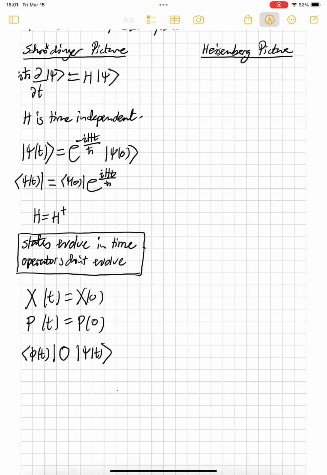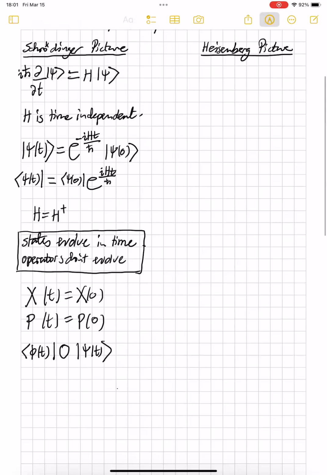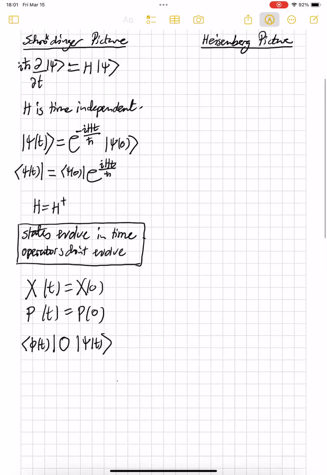So all of the physical things that you might want to calculate in quantum mechanics all take the form of this matrix element that I've shown you over here. So if you have two different ways of doing a calculation, but they give you the same answer for this matrix element, you would be absolutely certain that these two different ways of doing the calculation will agree on all possible physical predictions that you could make.